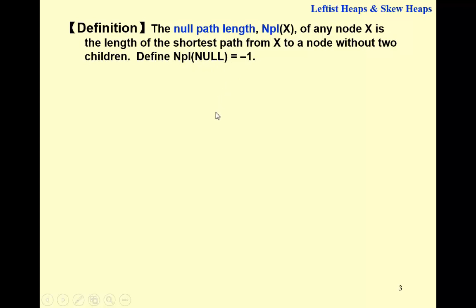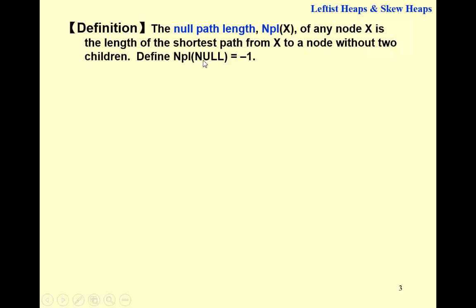So here comes my question. Given the heap, how are we supposed to calculate the NPLs of each node? Is it calculated from bottom up or from top down? Now think about it. From bottom up, right? Because one thing for sure is that for the null pointers, the NPL is -1.